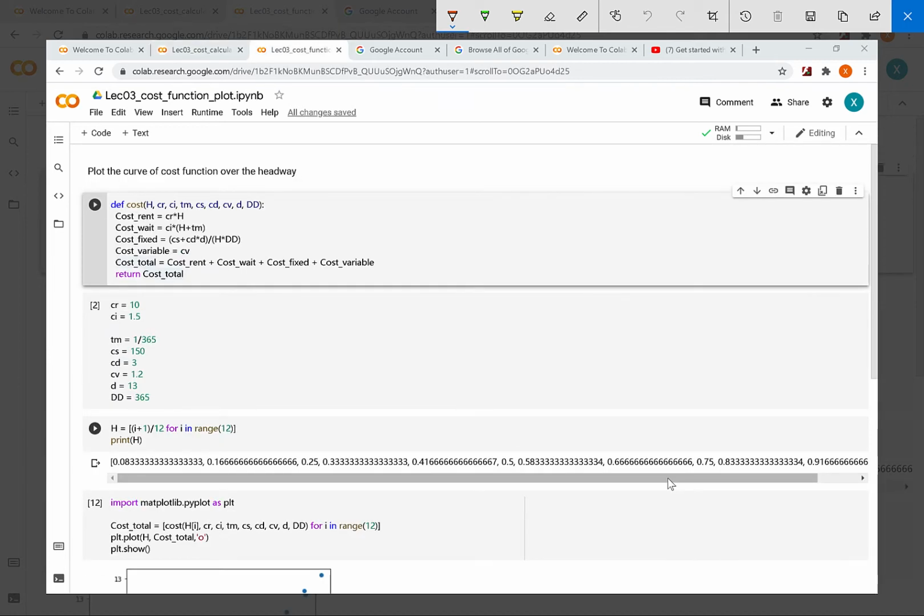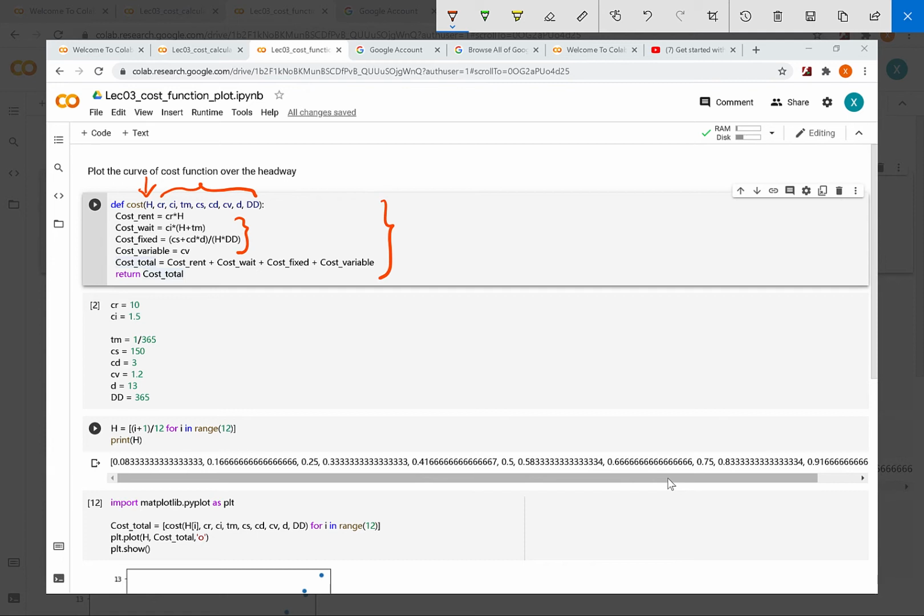Now to better demonstrate our results, we wrap up all the formulas into one function, which is this cost function. So you can see we have all the four cost formulas inside it, and all the parameters are the parameters of this function. In particular, we put our decision headway in front.